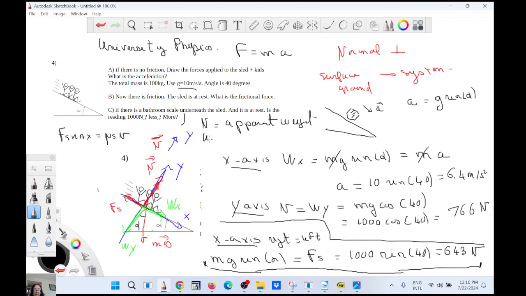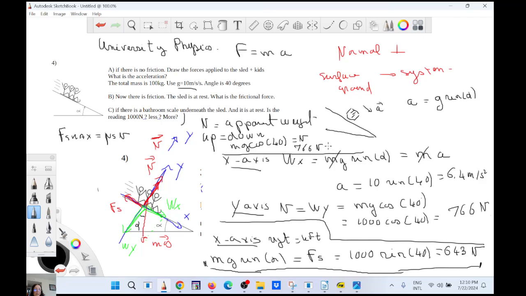So in that case, you have up equals down. Okay, up equals down. So you have mg cosine 40 equals the normal, right?